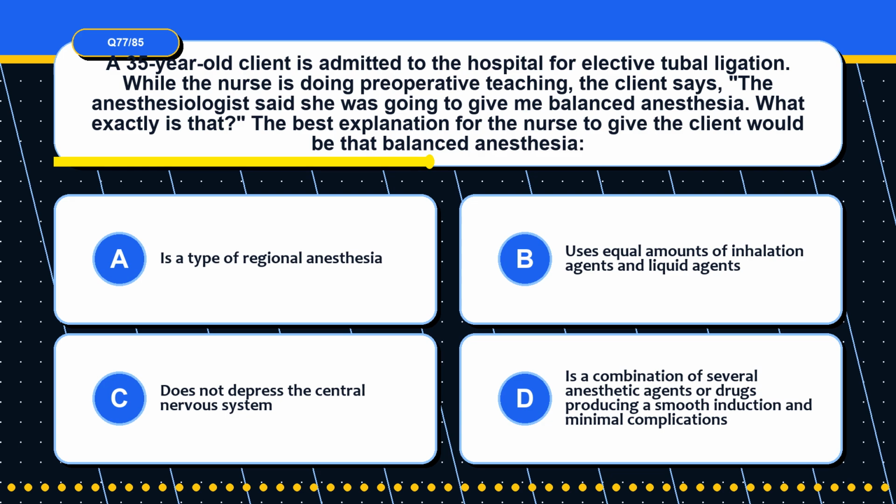Here are the options. Option A, is a type of regional anesthesia. Option B, uses equal amounts of inhalation agents and liquid agents. Option C, does not depress the central nervous system. Option D, is a combination of several anesthetic agents or drugs producing a smooth induction and minimal complications.